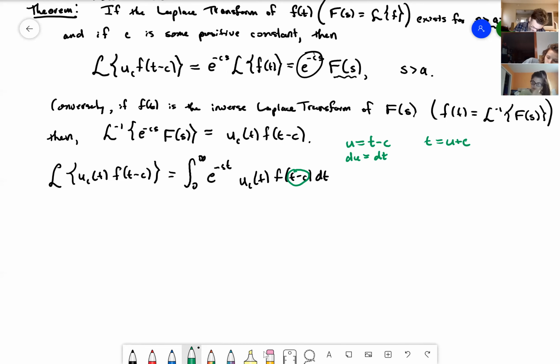So I can rewrite this thing as the integral, I'll return to the upper and lower bounds in just a second, e to the minus s times u plus c, f of u du. Now, of course, I have to change my upper and lower bounds. They were previously in terms of t. Now they're in terms of u.